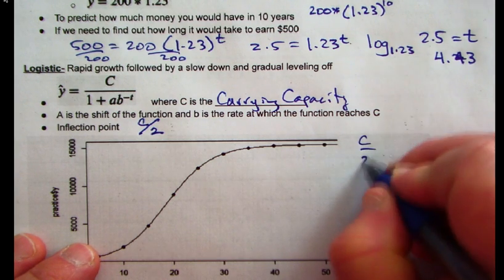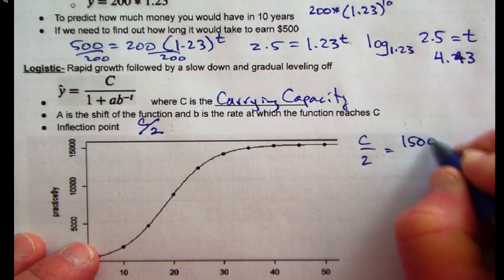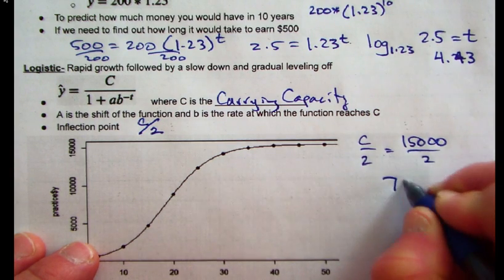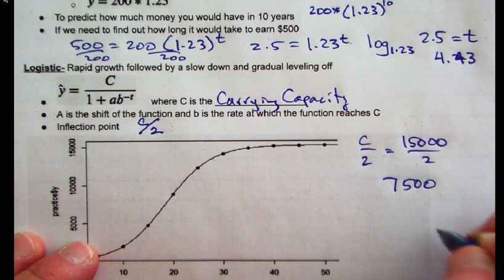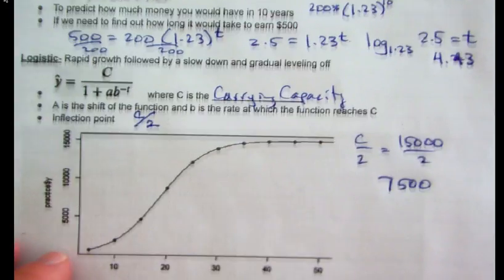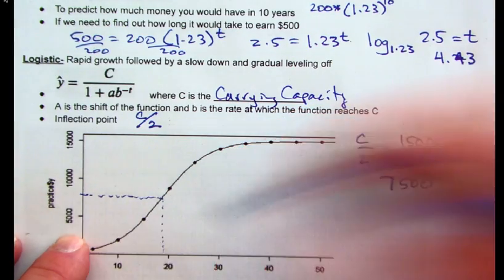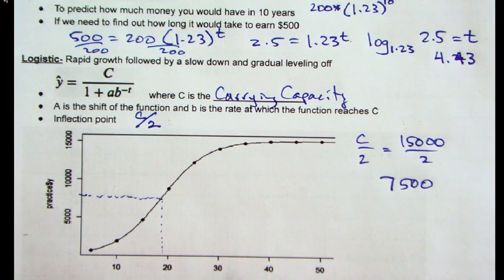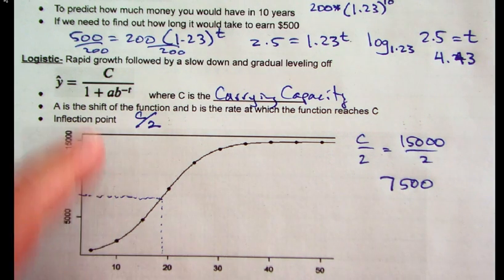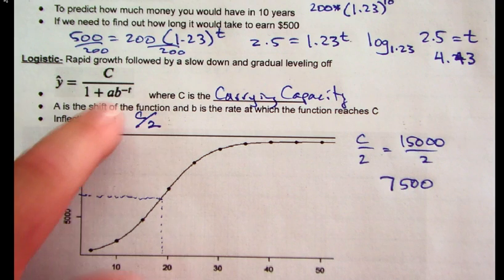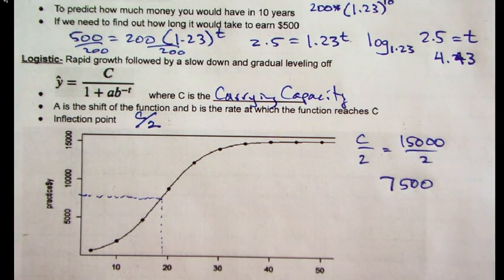So divide by 2, I get 7,500, which would be somewhere in this neighborhood right here. And then I look down here at the x-axis and I can kind of find out when that was. There's also a function, I think it was natural log of A divided by the natural log of B, that calculated that time, but I need to know what A and B were in order to figure out what that time was.